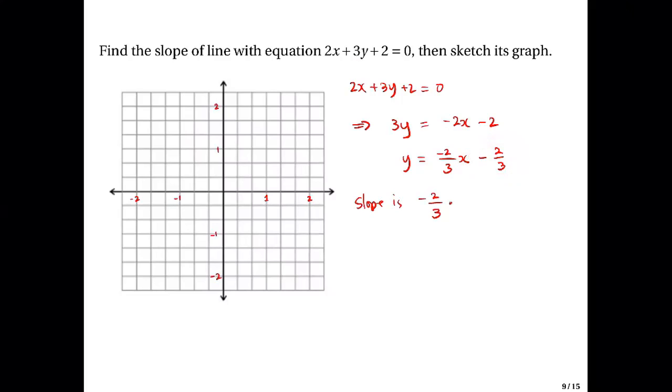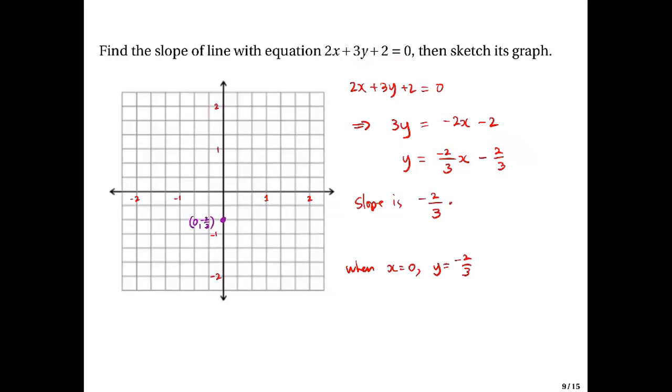So when x equals 0, y equals -2 over 3. So that point will be this point. Let us label this: 0, comma -2 over 3.